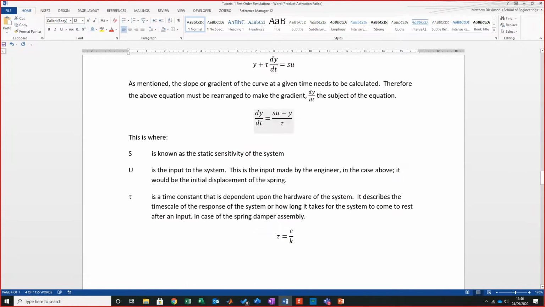Now, to equate that, we use a static sensitivity. Now, the static sensitivity is the same as the gain of a system. So the static sensitivity is output over input, as any gain system actually is. Now, in these types of motions, unless we know more and more about the mechanical system and how it's behaving, what we actually do is presume that this static sensitivity is equal, that it's actually being used at 1.